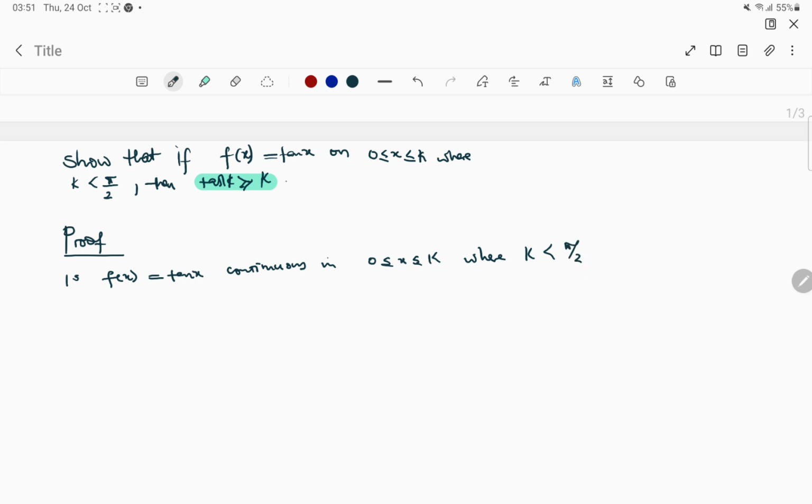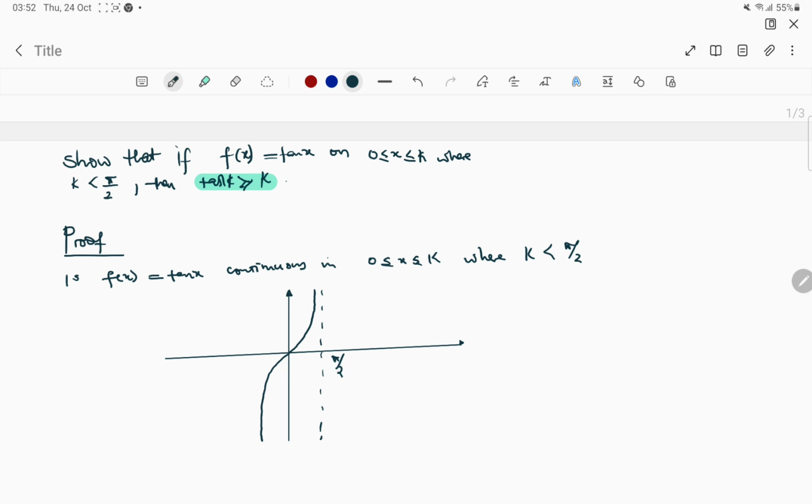So generally we know that the graph for tan, because we can just check here, it looks like this, where this one is asymptotic to pi over 2.